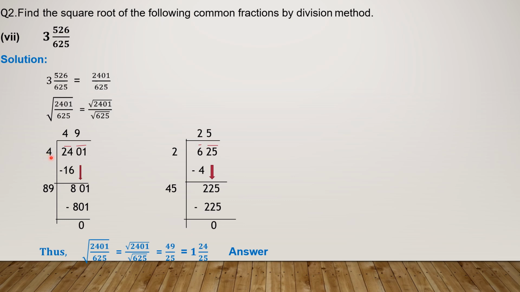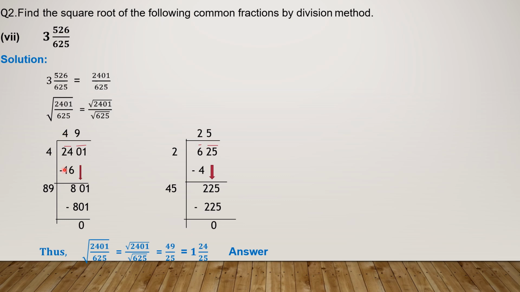We can't multiply here 4 with 5 or with 6. In square root we always multiply our divisor with the same number. Whatever you are selecting here as divisor, that will multiply with itself. So if we select 5, then we will multiply 5 with 5.